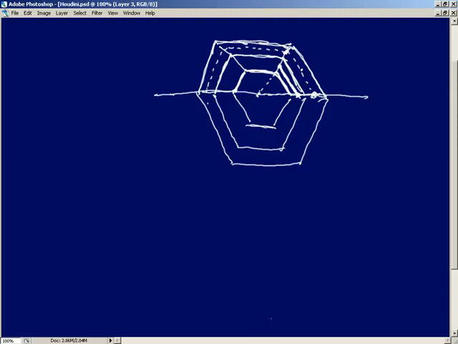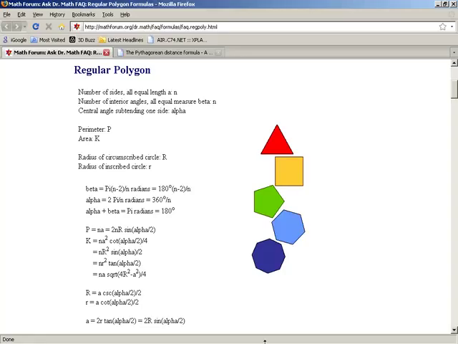Now, Steve has jumped online, went over to Google, typed in formulas for regular polygons, and we've come up with this page right there. There are a lot of different pages where you can find these formulas. In this case, we happen to be on a website called mathforum.org, and you can see the address up here. So if you'd like to go there, go ahead, or you can just search for regular polygon formulas.